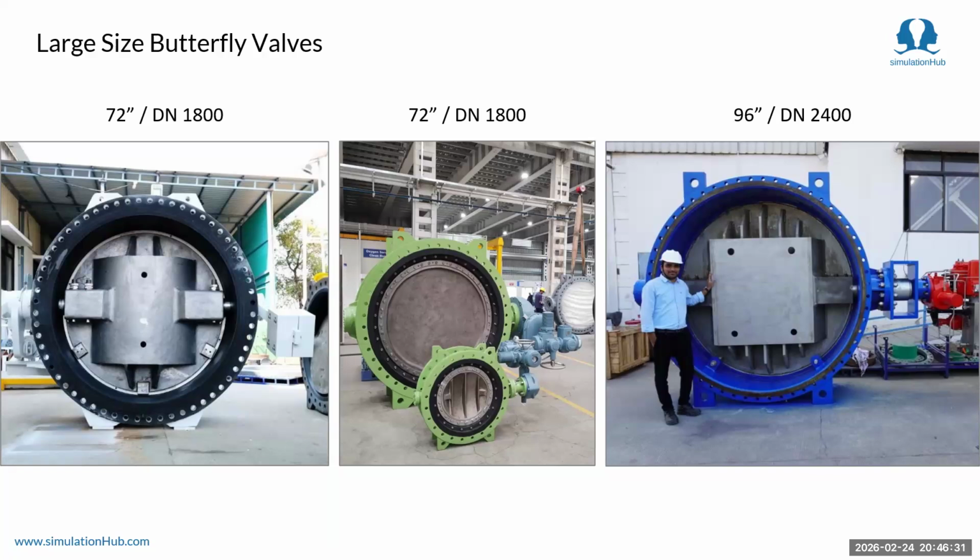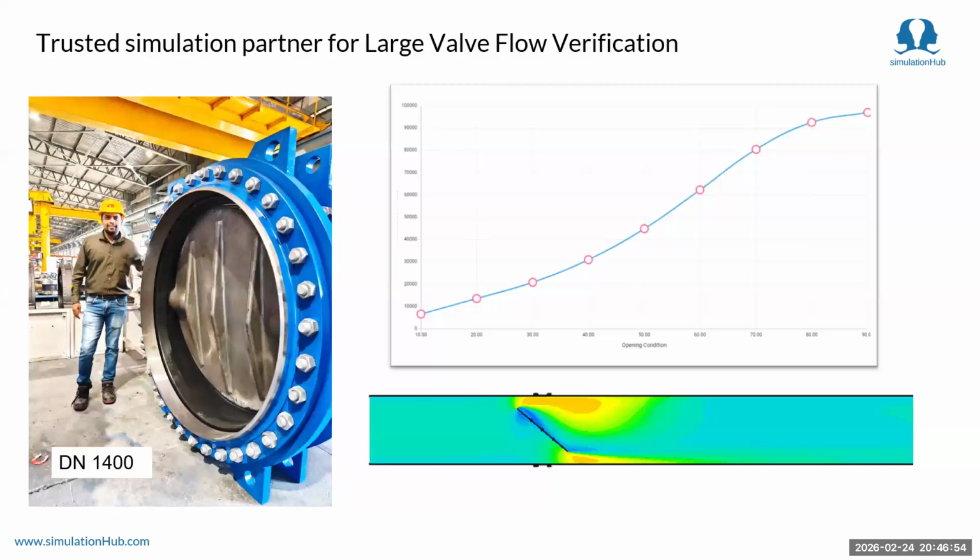Imagine you want to test them in a lab facility. First, lab facilities are limited by the capacity to test such high diameter pipelines, and by the flow capacity, pumping power, all those things. It's very challenging, very limited, I would say.